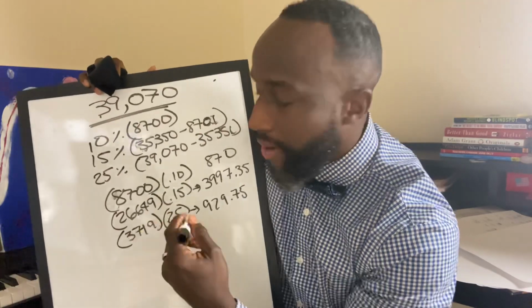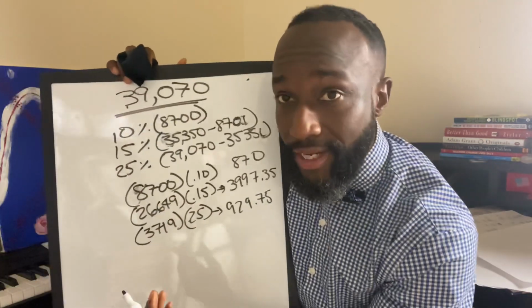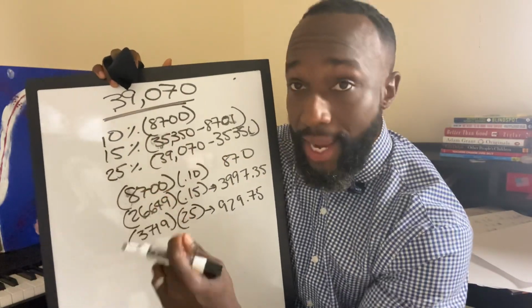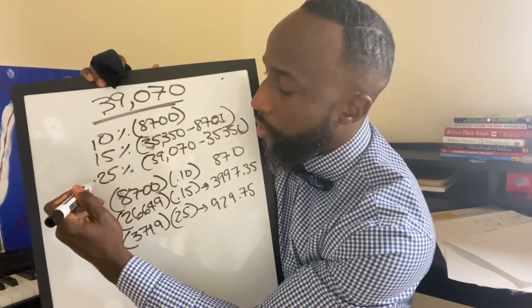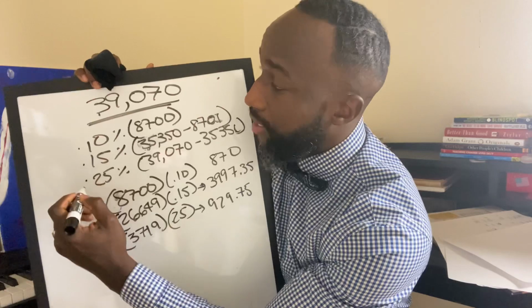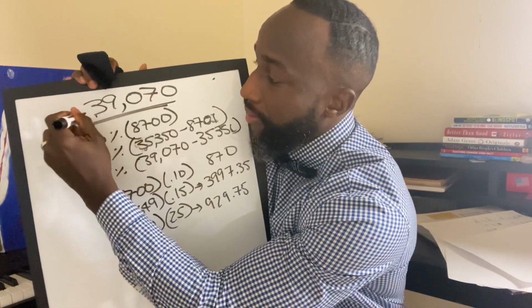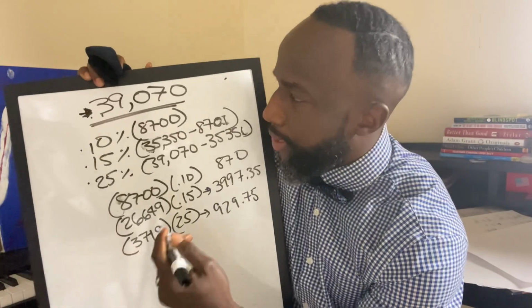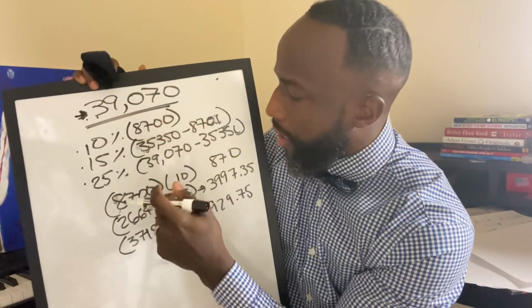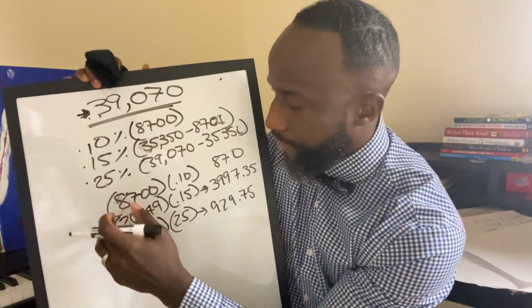But what I did in my example is I accounted for that extra dollar in both of those brackets, right? So again, you have to consider every bracket until you get to the taxable income, which was the 39,070. It's in the 25% bracket. And then you do the math.